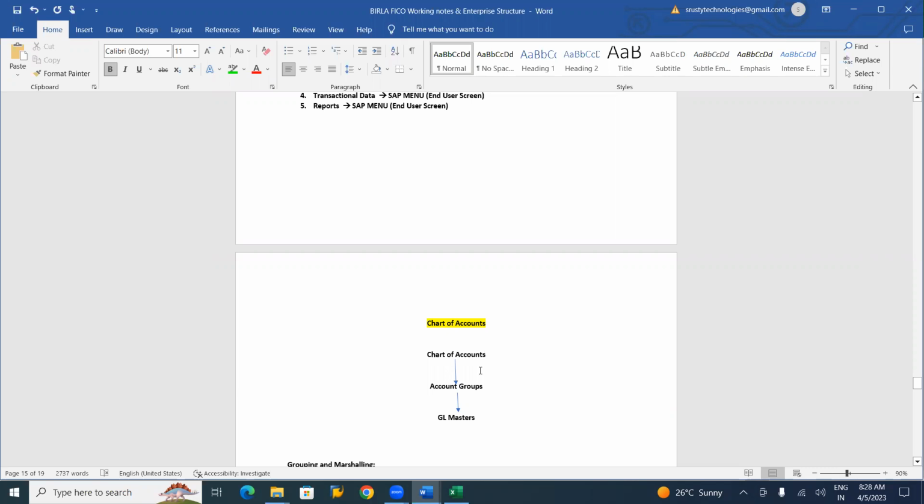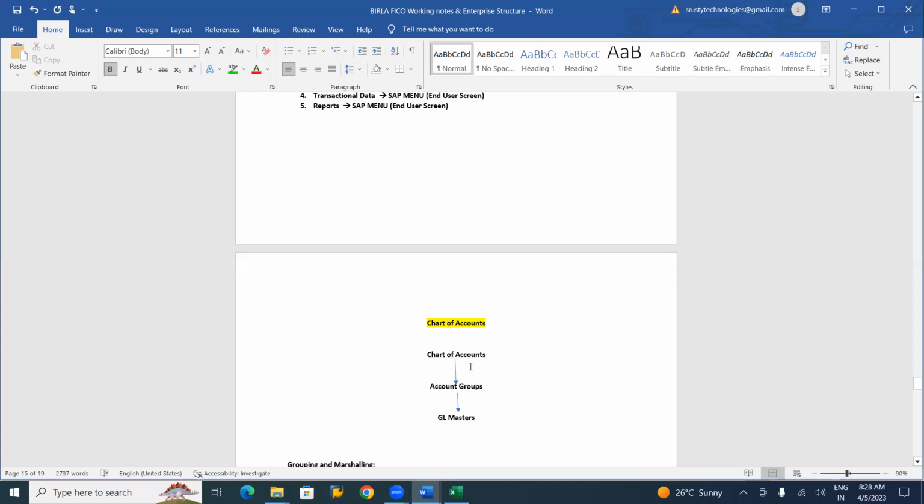First, all individual GL accounts, ledger accounts, are classified under account groups, and those account groups are stored under the chart of accounts.